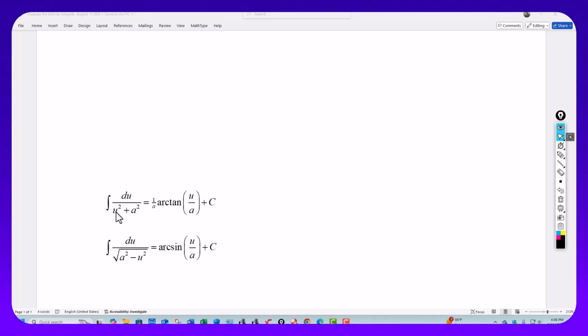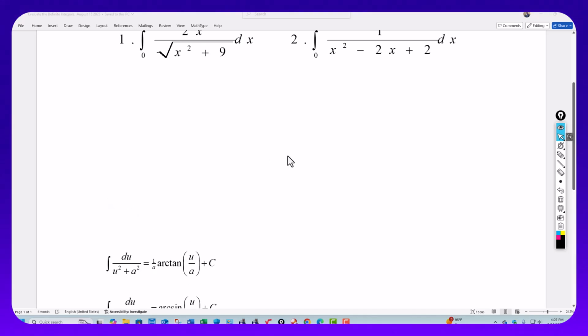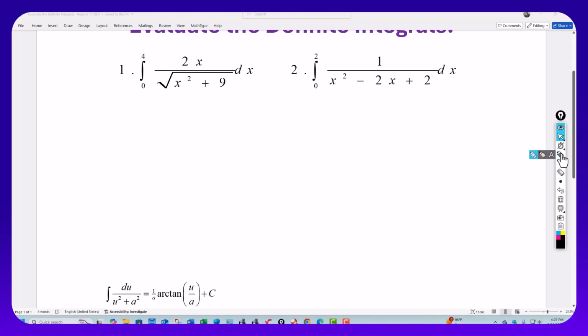U will be a function of x usually. A squared is going to be a constant. And we use the integration formula involving the arctangent. So there it is. Okay, I'm going to put it in this form. I can use the u substitution and change the limits of integration, but we're going to do it this way.